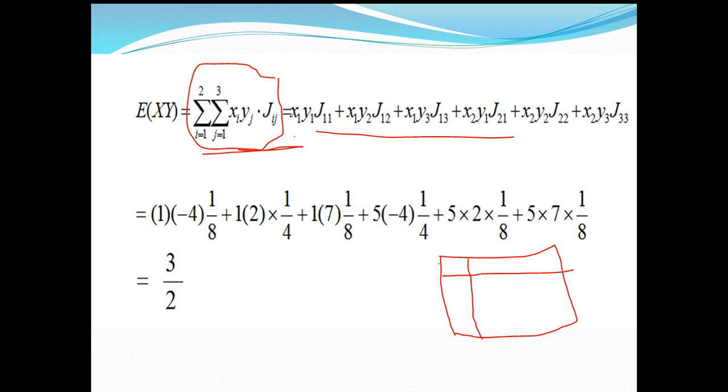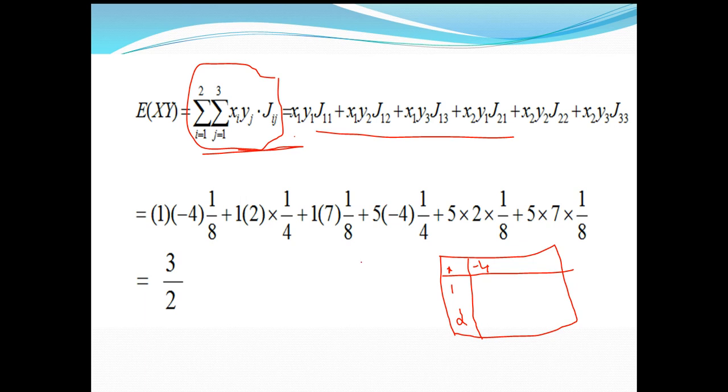So I'll try to draw here. Here these values are x values. What are our x values? The x values are 1 and 5. And here this represents y values. What are the y values? We start with -4.